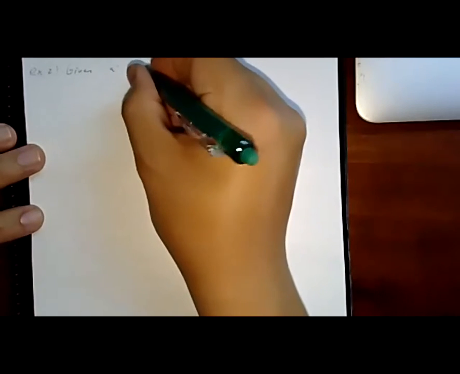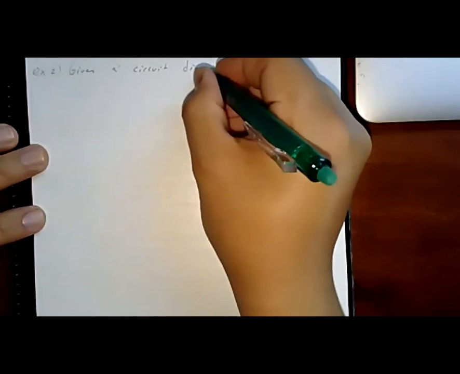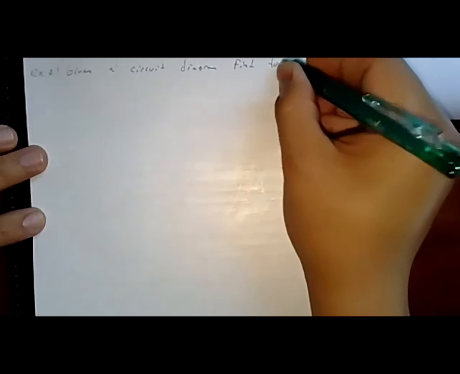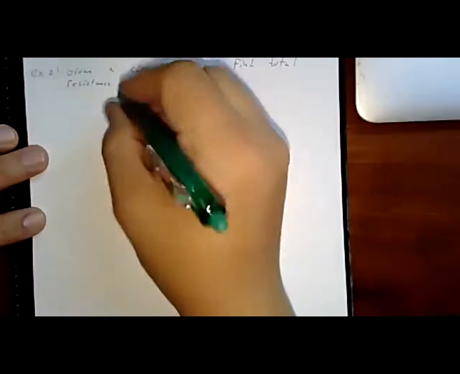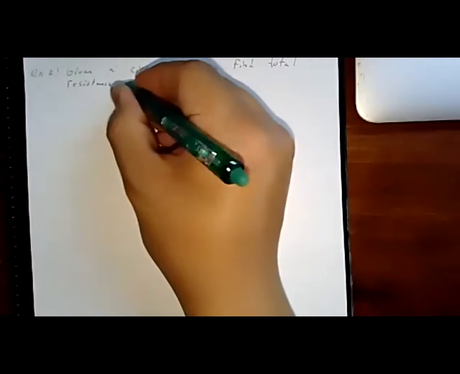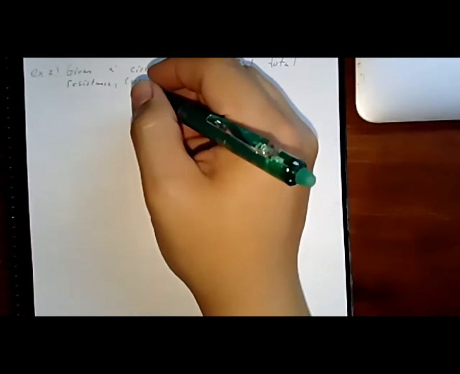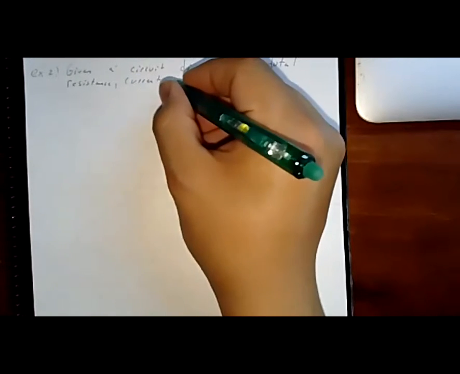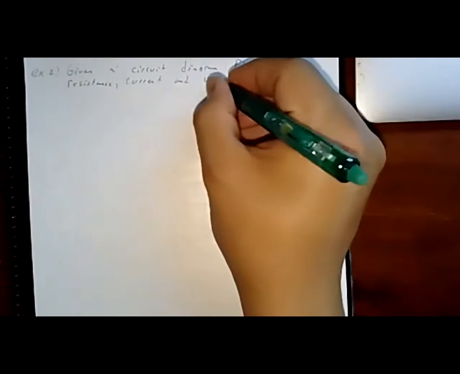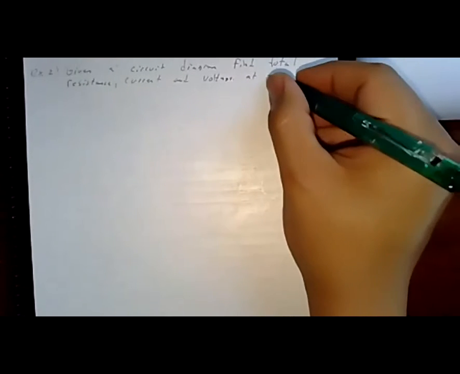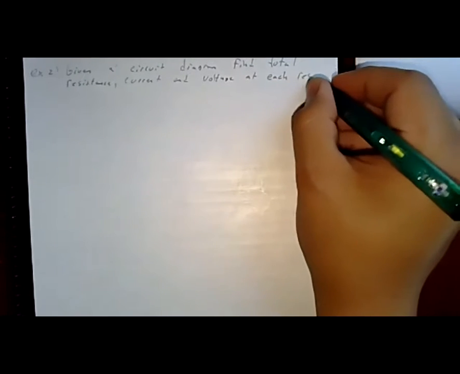Okay, given a circuit diagram, find total resistance, current, and voltage at each resistor, or the voltage drop is a better way to think about it.